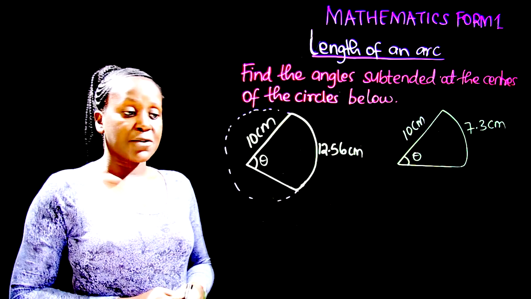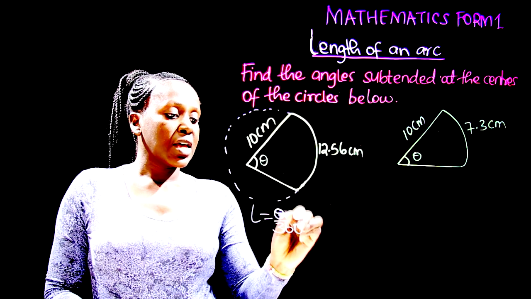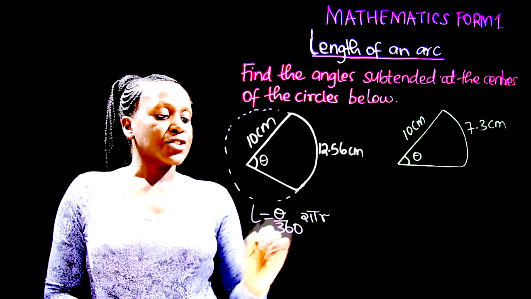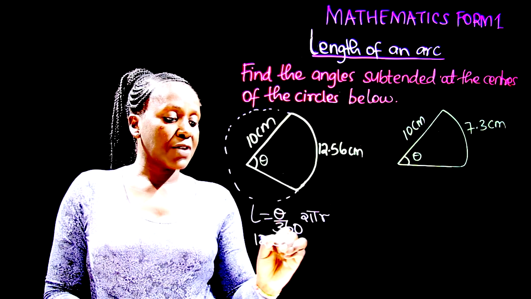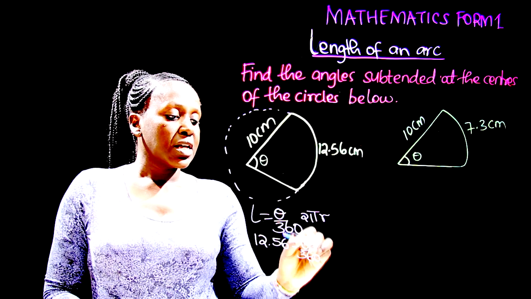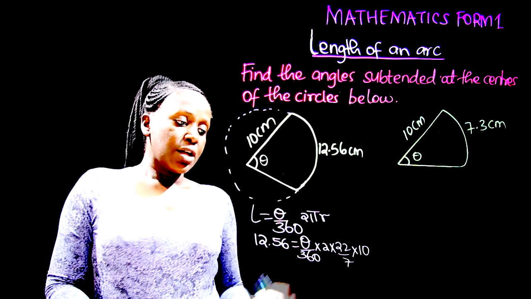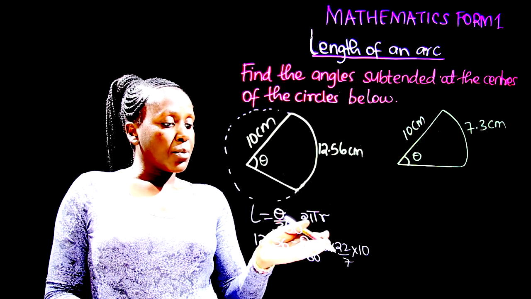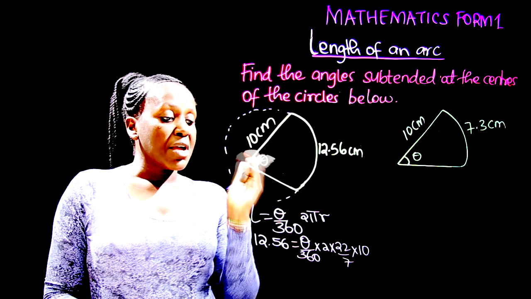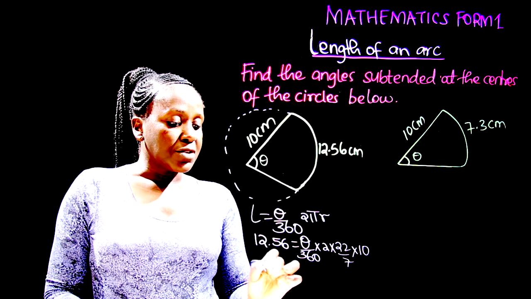So we are still going to use the same formula. Length is equal to theta over 360 times 2 pi r. So length is already given in this case as 12.56, which is equal to theta, we don't know theta, over 360 times 2 times pi times the radius, which is 10. So what we are going to do with this, we are going to take everything else to this other side and remain with theta on one side. So how do we do that? On this side, we already have 12.56.